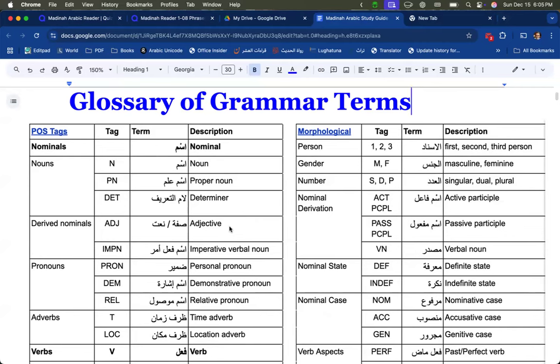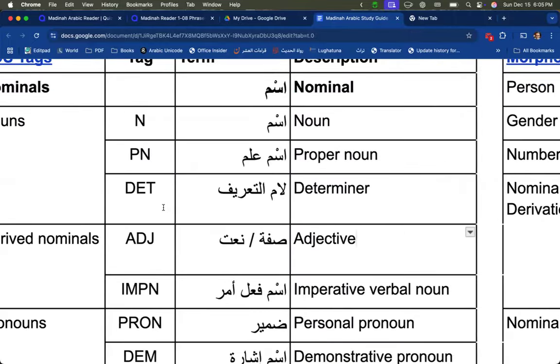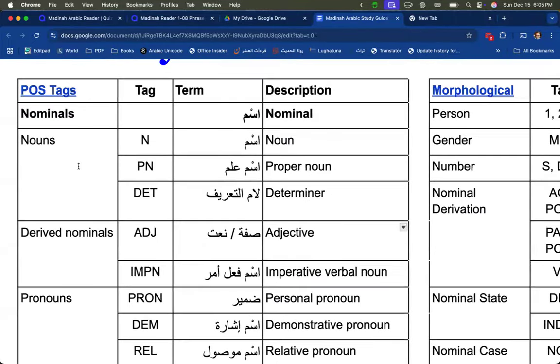For example, we all know names, places, animals, things are nouns, right? So noun is a part of speech, adjective is a part of speech. Clear? So similarly, Arabic also has parts of speech that we've been learning thus far, and we have learned quite a few. So let's see if you guys can pick out what we have learned.